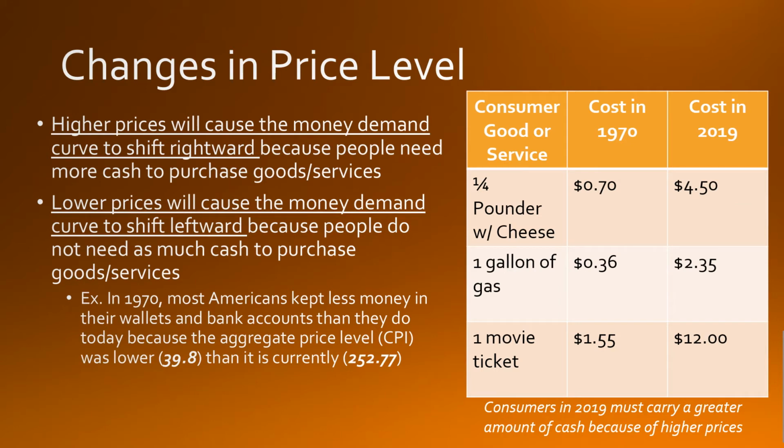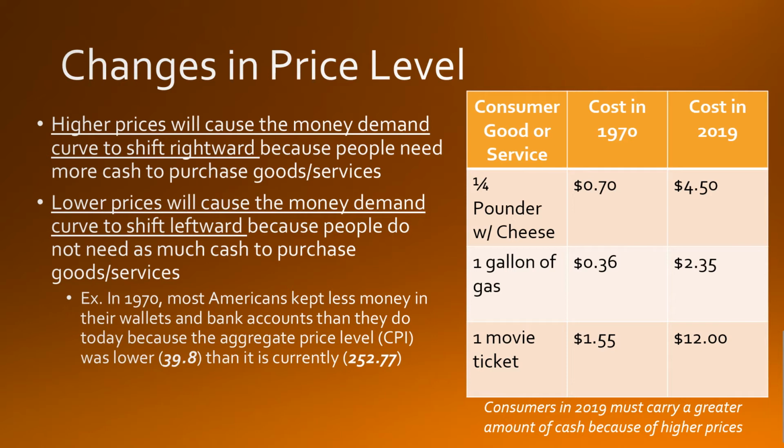In 1970, that quarter pounder only cost 70 cents. So if you and your significant other went to McDonald's and got two quarter pounders, it's going to cost you like $1.50 with tax. Not too bad, right? One gallon of gas back in 1970 was 36 cents.